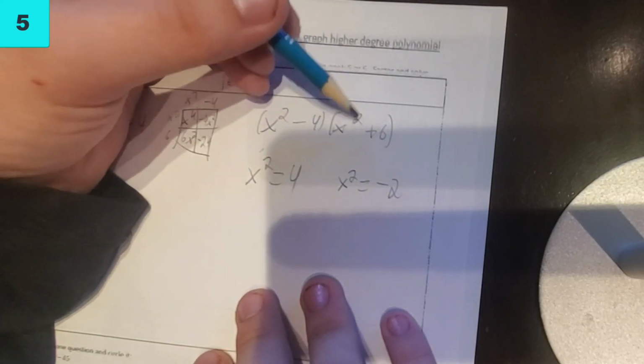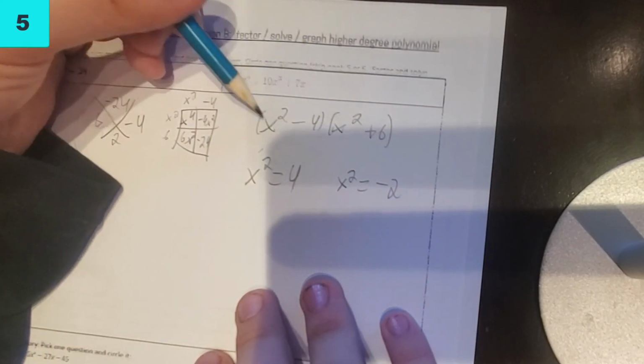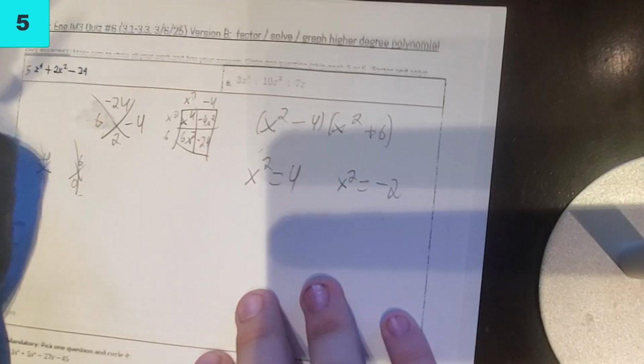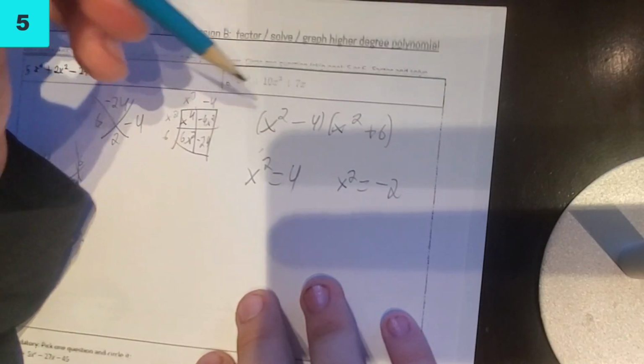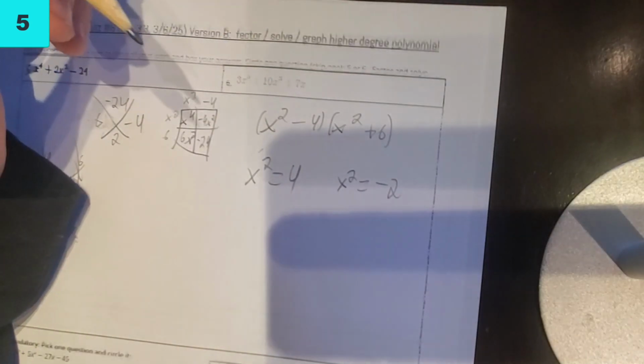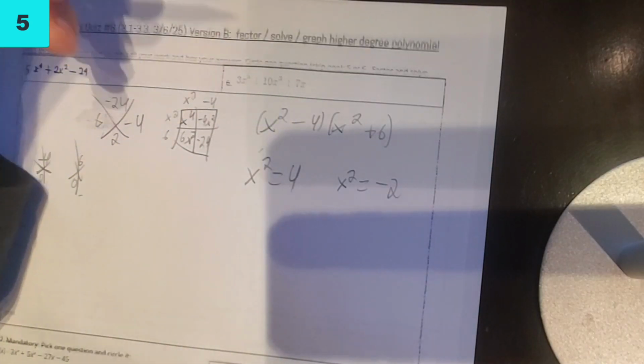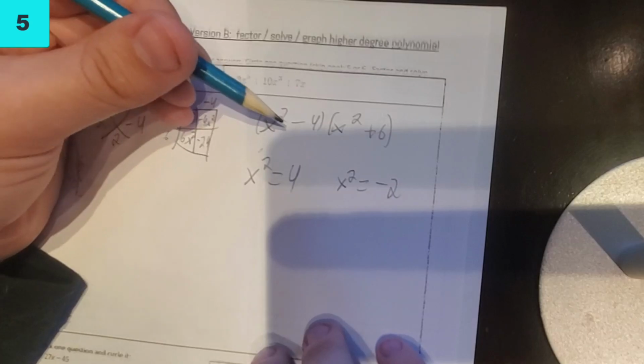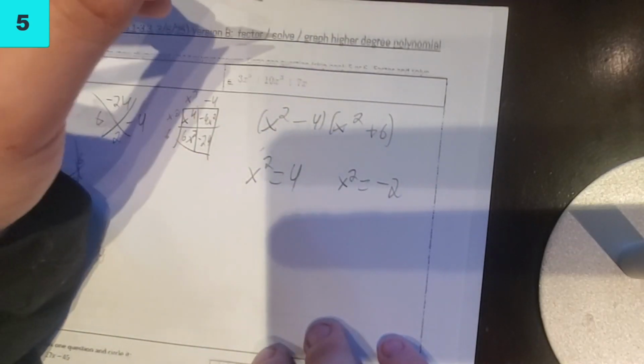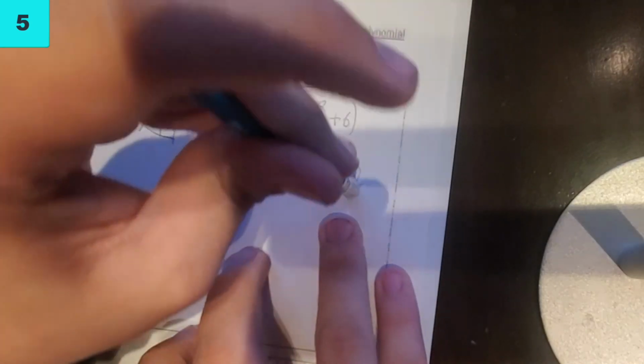I always figure that when the first term is 1, then it's the exact opposite of the second term. So negative 4 would be 4, and positive 6 would be negative 6.